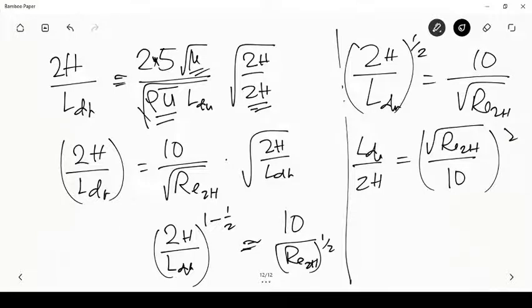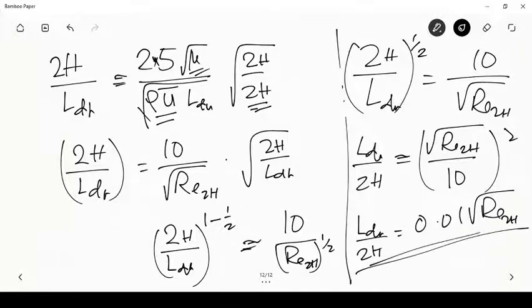Okay, that will basically give me L_DH by 2h, which is the development length divided by the distance between the plates, of about 0.01 Re_2h. Okay, so this is the expression that you get.